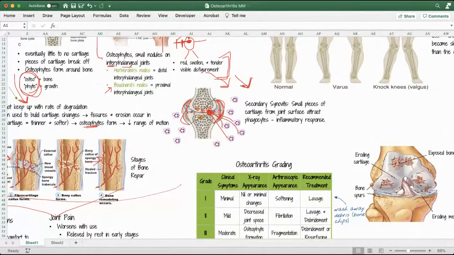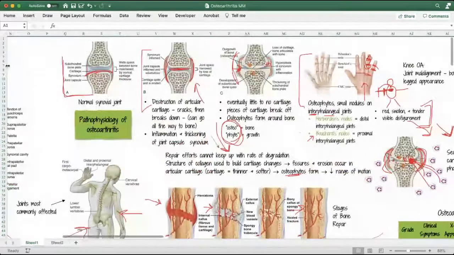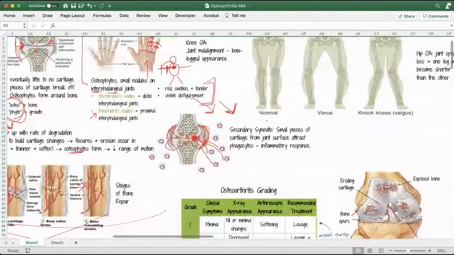So again, it's not that osteoarthritis doesn't involve inflammation at all. It's just that it started back here with this mechanical degeneration. It didn't start with the inflammation.